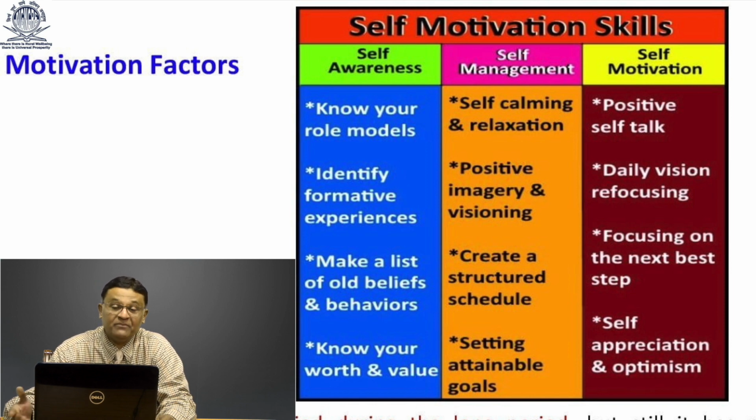For the sake of the people who are not aware, I am going to share that. SMART, S-M-A-R-T. S, we say your goals should always be specific. M, measurable. A, achievable. R, realistic. T, time bound.